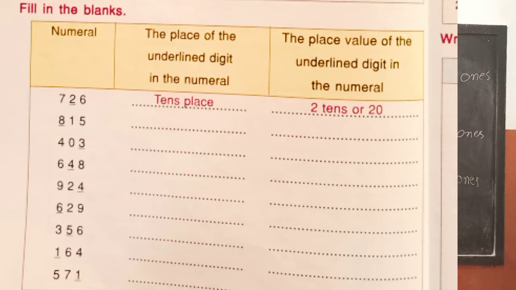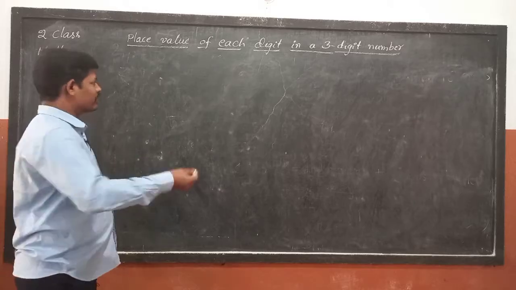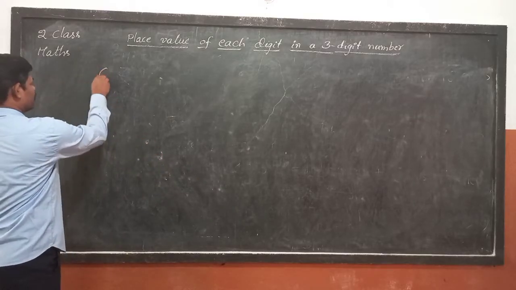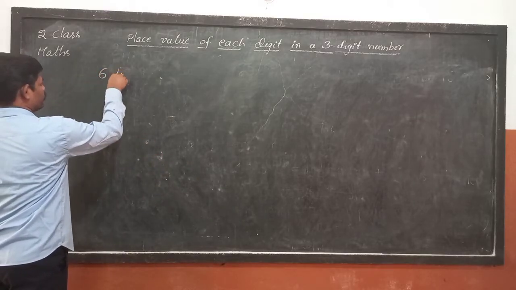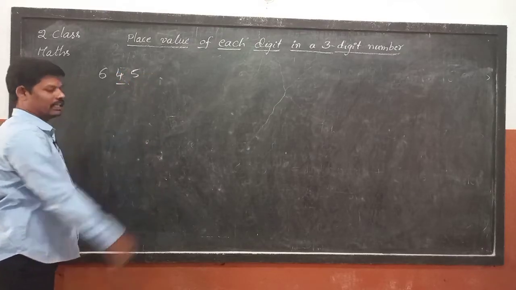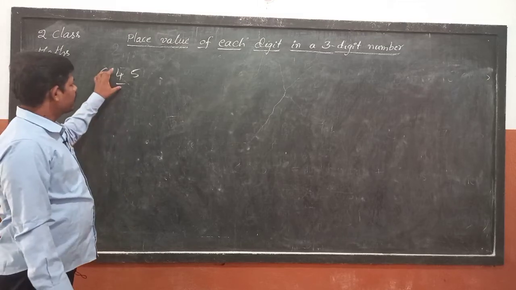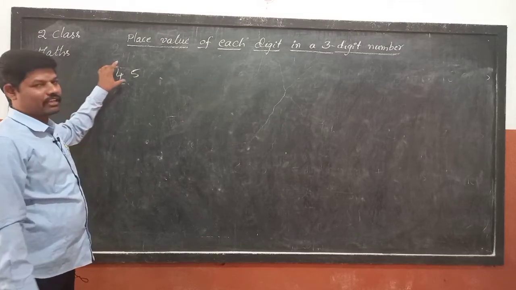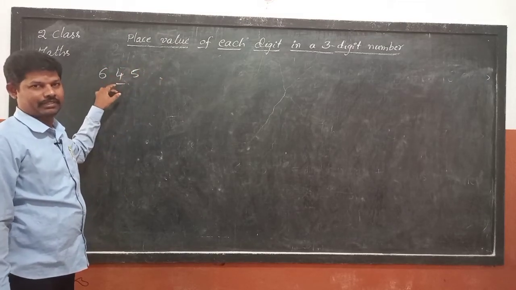Here a number is given, the numeral, the place of the underlined digit in the numeral, and the place value of the underlined digit in the numeral. Observe these numbers. For example, 645. Here one digit is underlined. What is the place of the underlined digit?